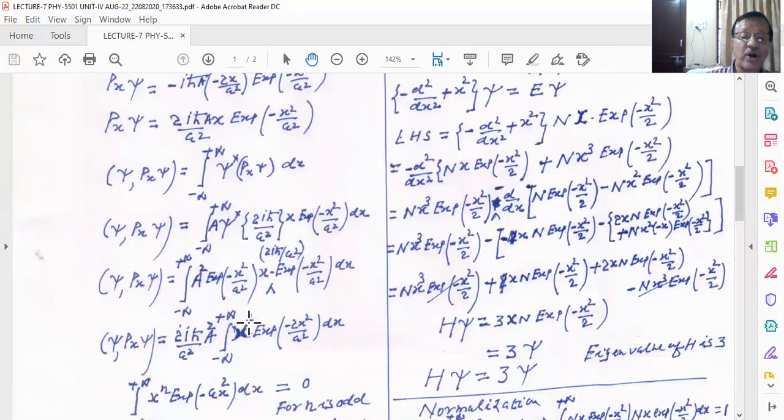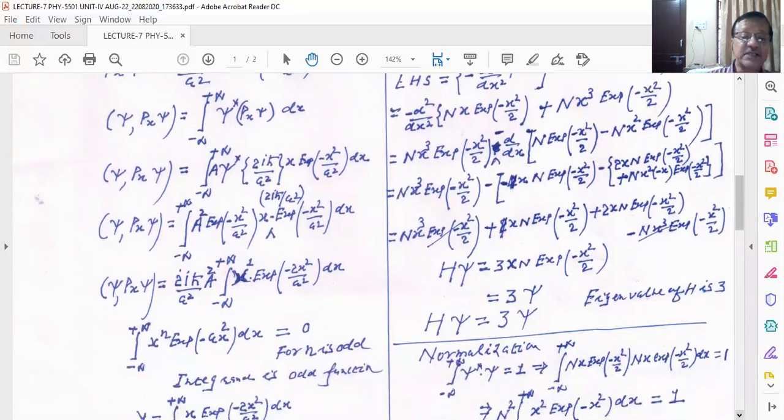You studied this integration in second year BSc: integration from minus infinity to infinity of x to the power of n, where n is equal to 1 in our case, exponential of minus a x square, where a in our case is 2 over a square.